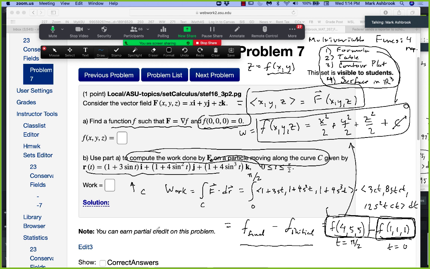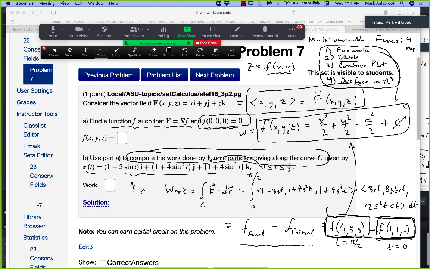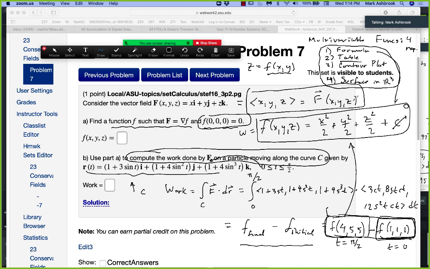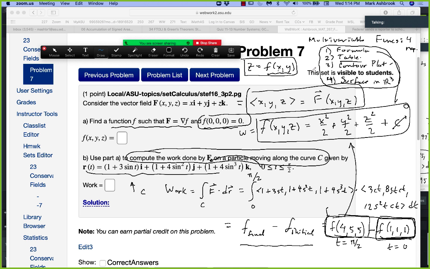So in these problems, you might not always have the function formula to generate these function values to use the fundamental theorem. You might have a different representation to get these output values of the potential function. It might be a table, it might be a contour plot. So just remember that those are just different representations of the potential function.